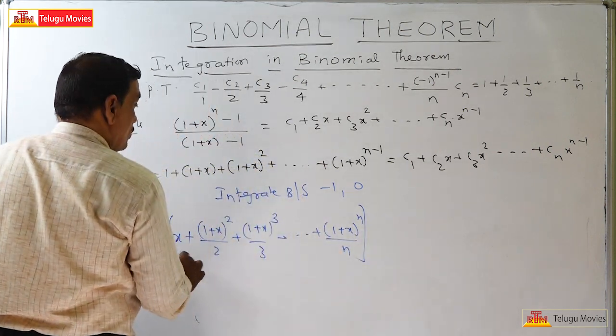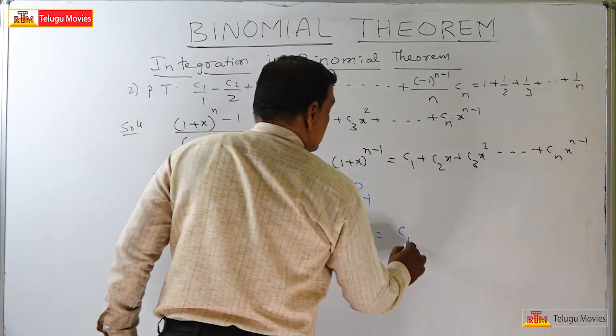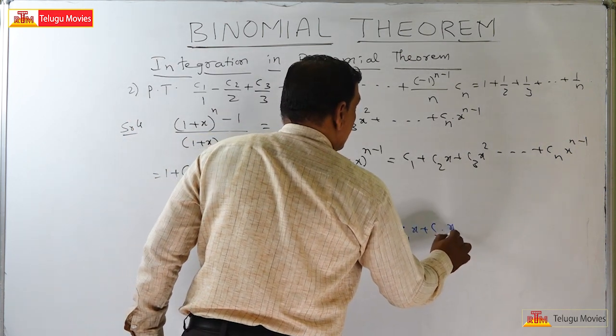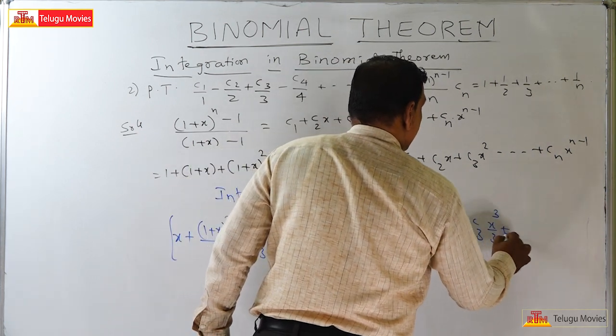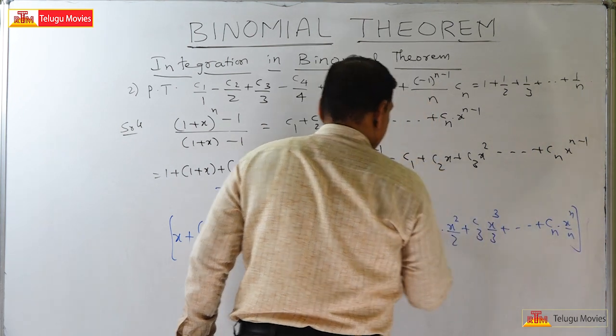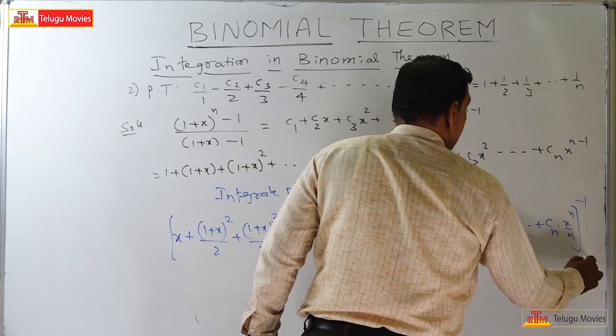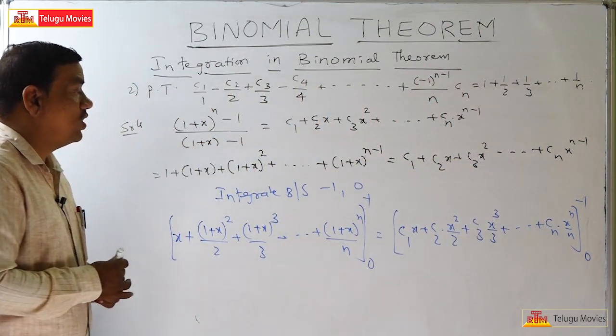This is equal to, upper limit 0, lower limit minus 1. Here, c1x plus c2 into x square by 2, c3 into x cube by 3 plus so on cn into x power n by n. This is equal to upper limit 0, lower limit minus 1. Understand this? Upper limit, lower limit.